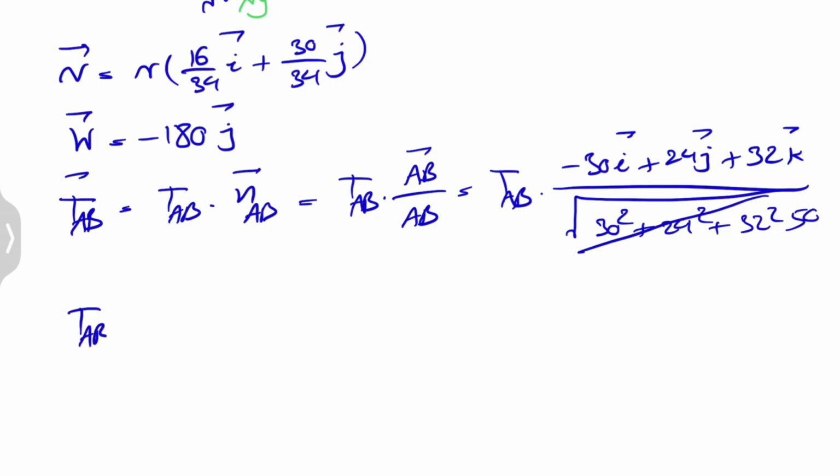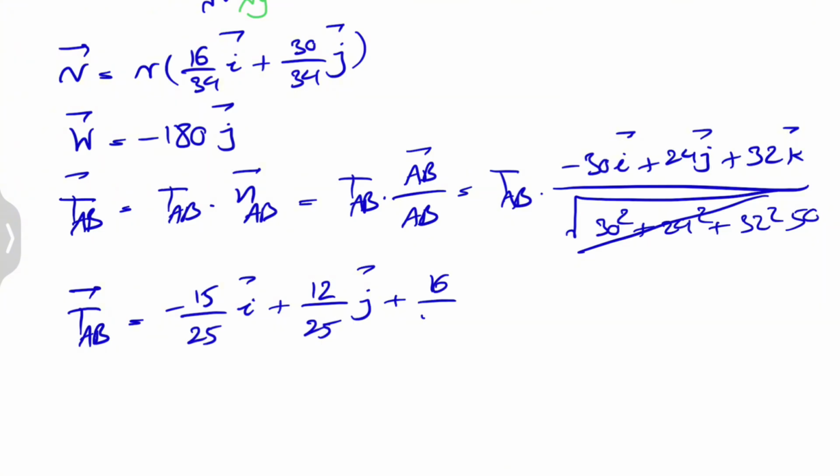Our TAB would be 30 divided by 50, and we can divide them both by 2. So minus 15 over 25 i, plus, doing the same thing, 12 over 25 j, plus 16 over 25 k.